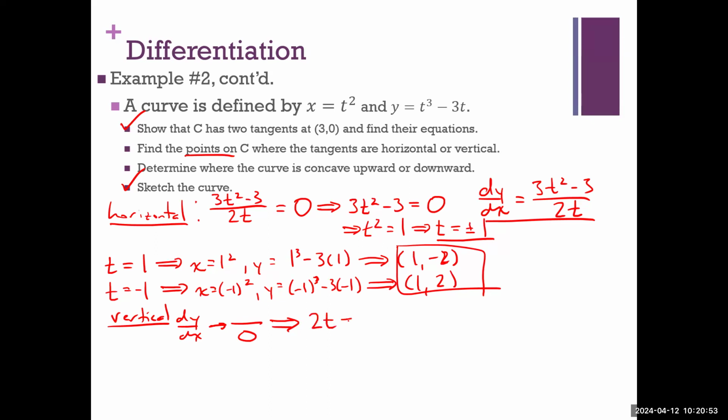It's really what's going to make the denominator equal to 0. That's what's going to cause a fraction to be undefined, right? So 2t equals 0, that does yield t equals 0. Then I find the point that goes along with that. This is the origin.